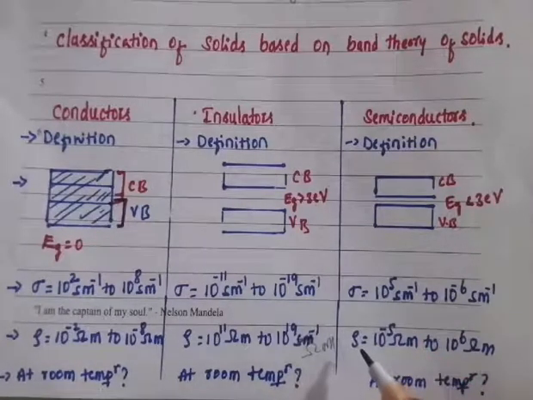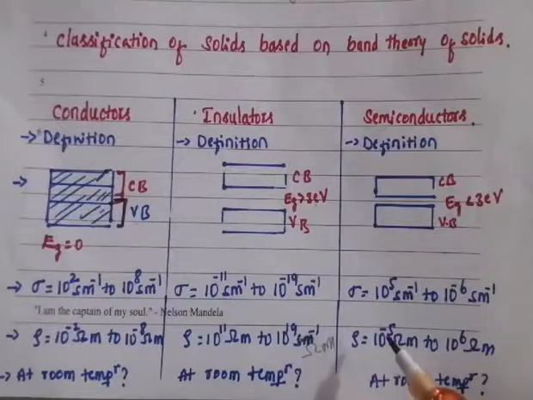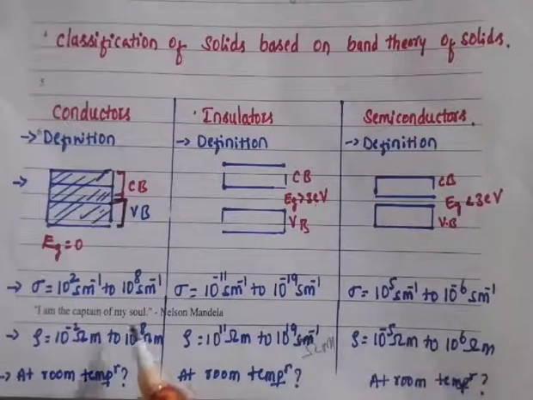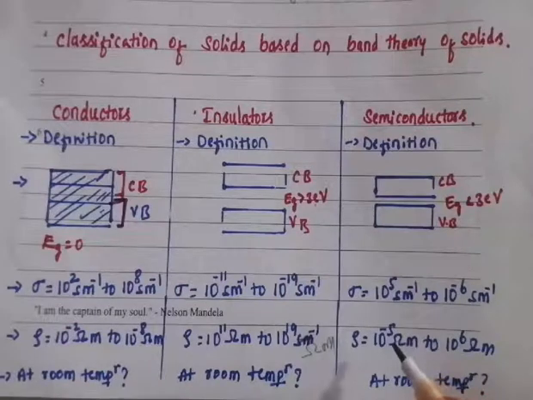Semiconductors having resistivity from 10 power minus 5 ohm meter to 10 power 6 ohm meter, so lies between conductors and insulators.